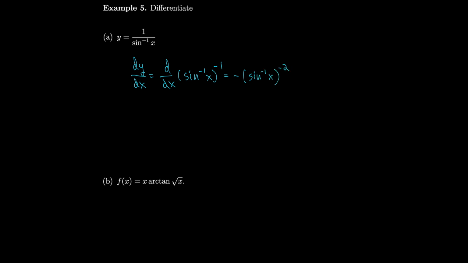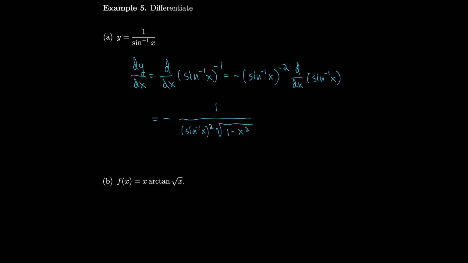We reduce the power by 1 and multiply by the derivative of what was inside, which is sine inverse of x. So that becomes minus 1 over sine inverse of x squared times square root of 1 minus x squared.